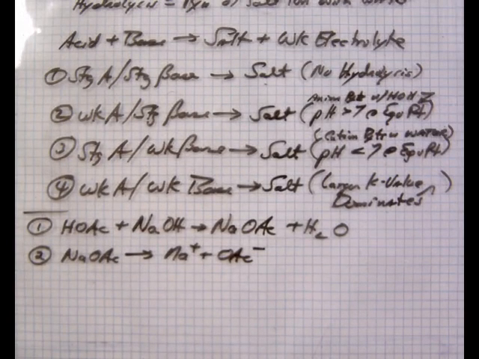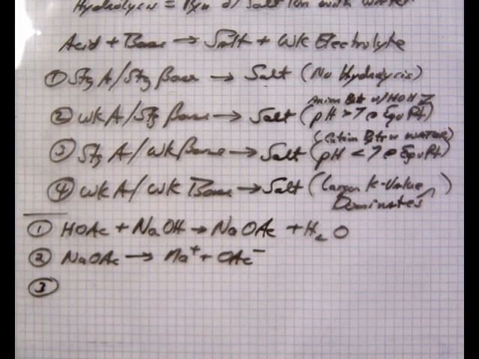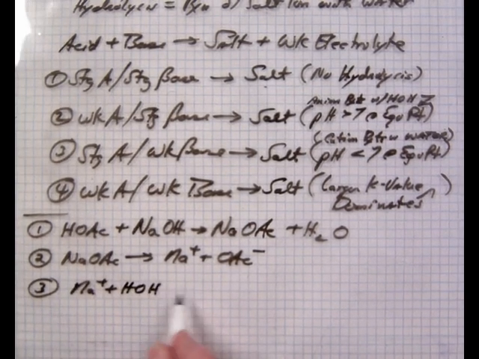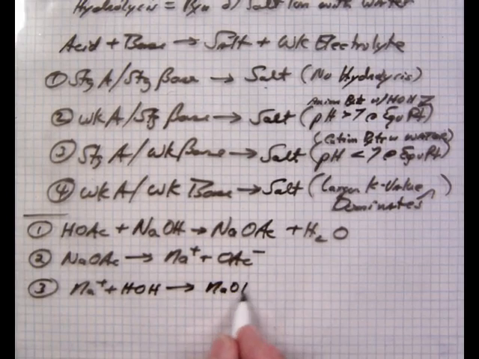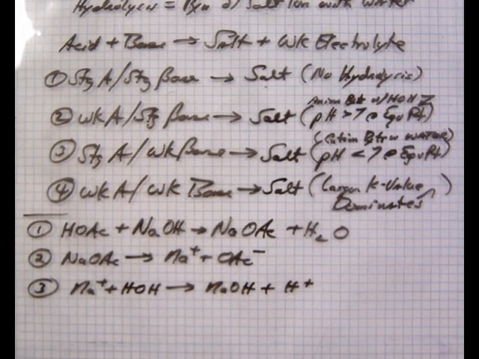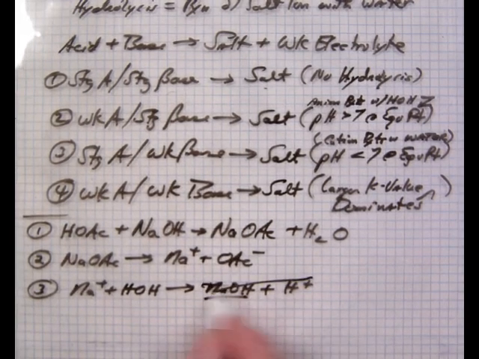And this pattern is the same for the weak base, strong acid. And then you test each one for reaction with water. Na plus plus HOH gives NaOH plus an excess of hydrogen, if it occurred. However, because that's a strong base, you don't have that reaction.